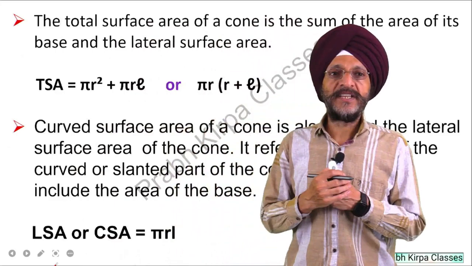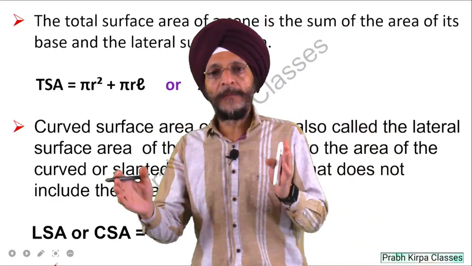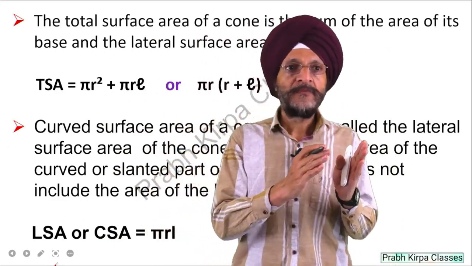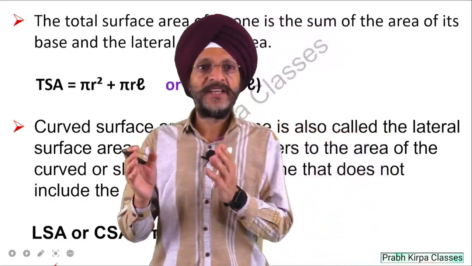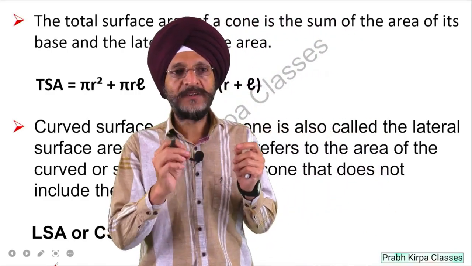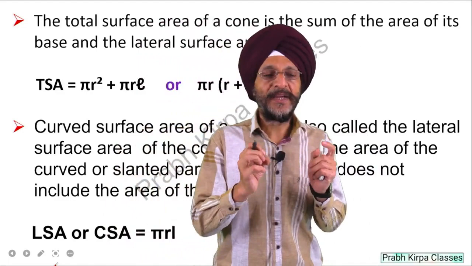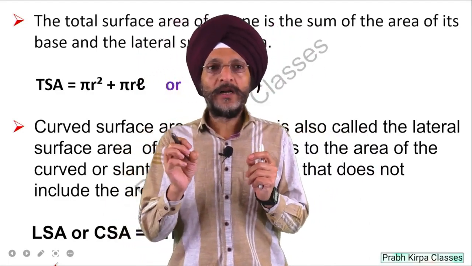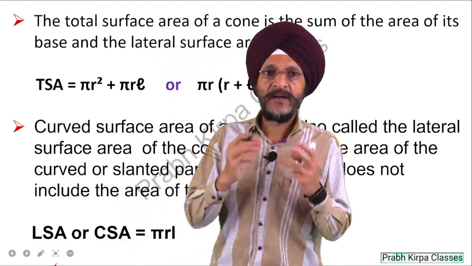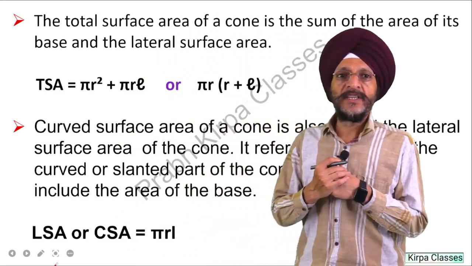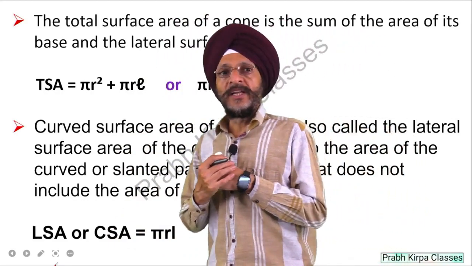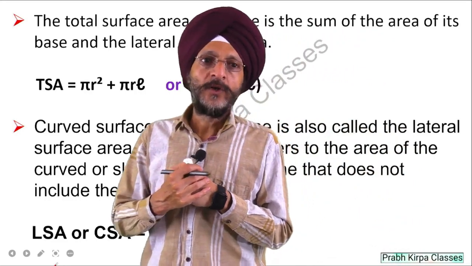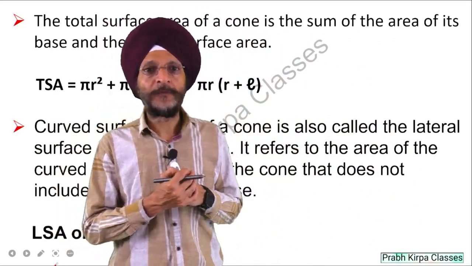The total surface area of the cone is the sum of the area of its base and the curved surface area. Total surface area is equal to pi r square plus pi r L, or pi r into r plus L. The curved surface area of the cone is also known as lateral surface area or lateral area of the cone.